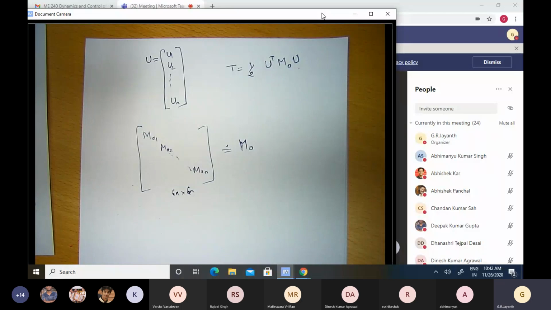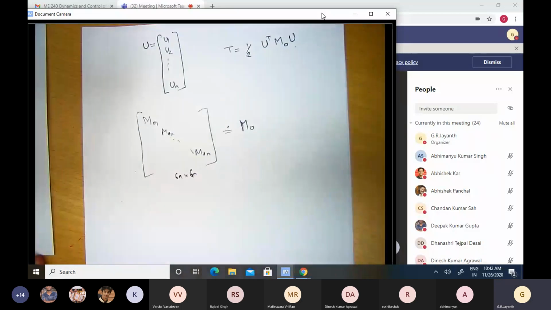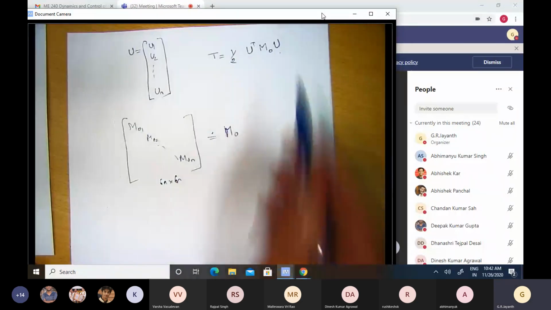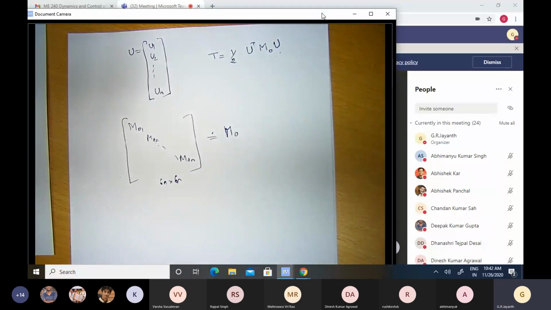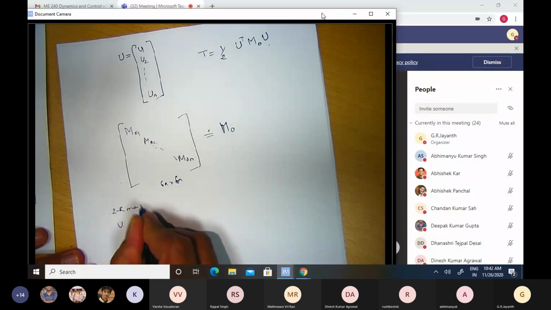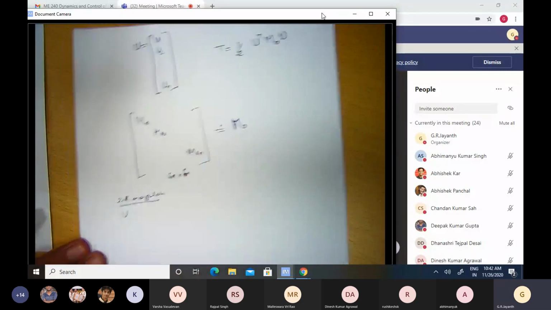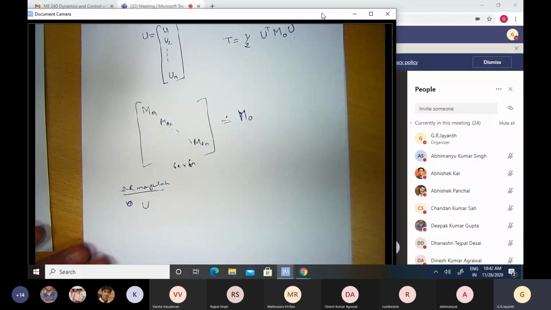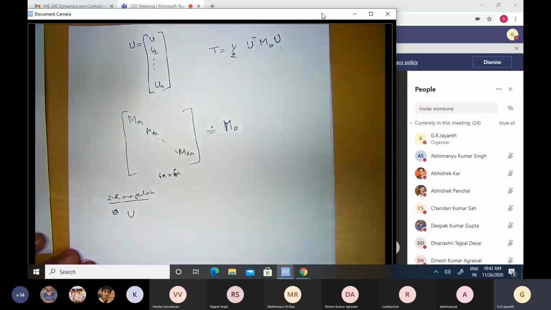So we need to express capital U in terms of the joint variables. Let us take that problem that we already solved. What is capital U for the 2R manipulator? For a general three-dimensional mechanism, you would have all three components for angular velocity, all three components for linear velocity, and so on.